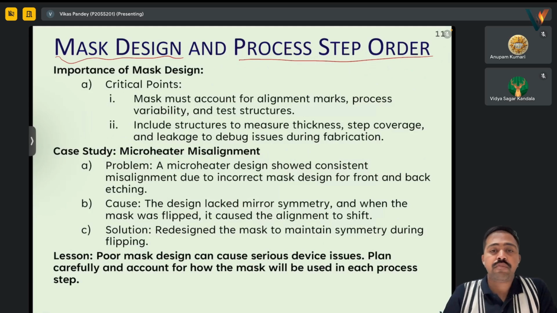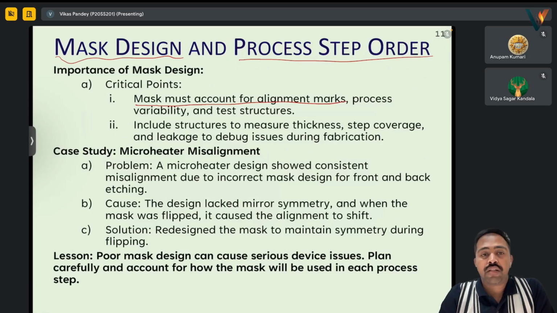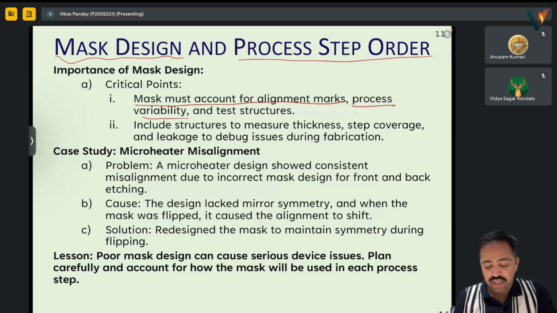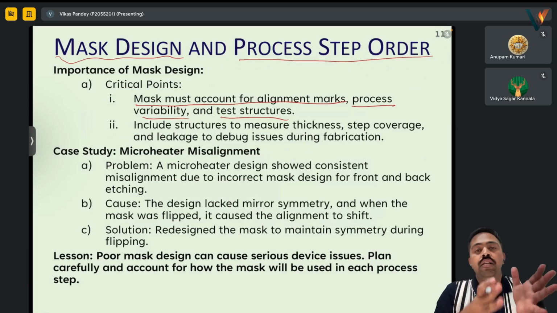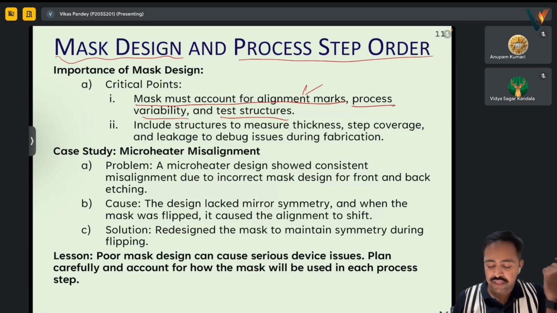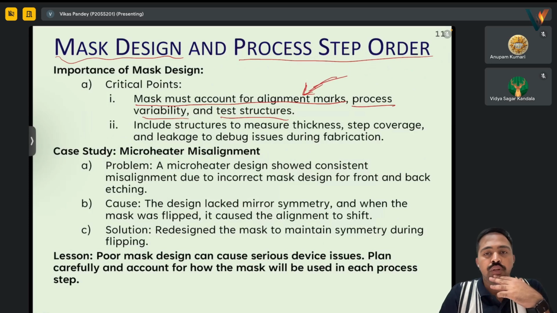The mask must account for alignment marks, process variability, and test structures. It should not be like directly the things we want. Along with that, it must have alignment marks. While studying lithography, we also talked about it.